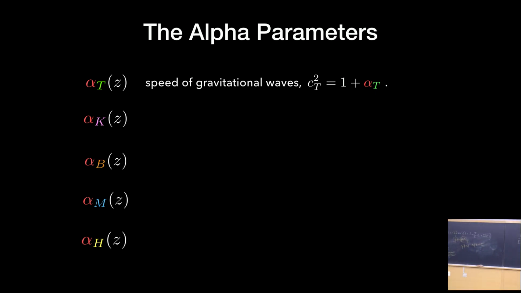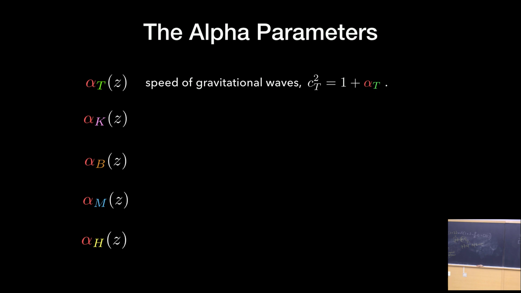Very often in modified gravity theories, the speed of gravitational wave propagation can be different from the speed of light. So we write c_T squared equals 1, the speed of light, plus this quantity alpha_T. And in principle, alpha_T can be positive or negative. There are now constraints on alpha_T, which I will discuss shortly.